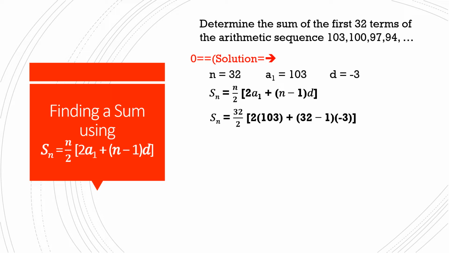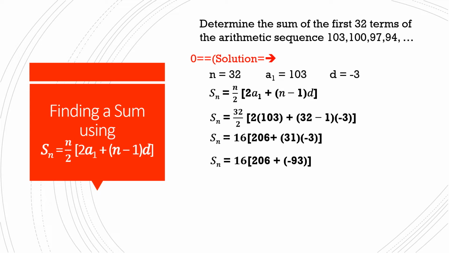So 32 divided by 2 is 16, while 2 times 103 is equal to 206. And 32 minus 1 is equal to 31. Thus, the expression now becomes 16 times the quantity 206 plus 31 times negative 3. So what is 31 times negative 3? 31 times negative 3 is negative 93.